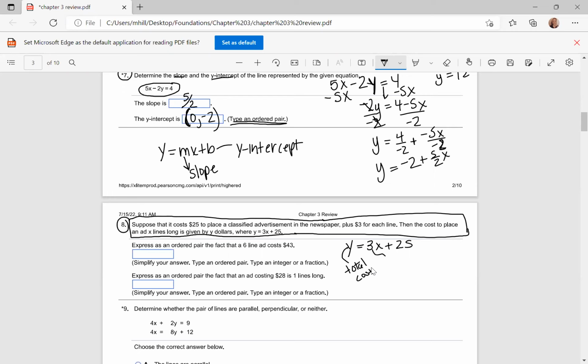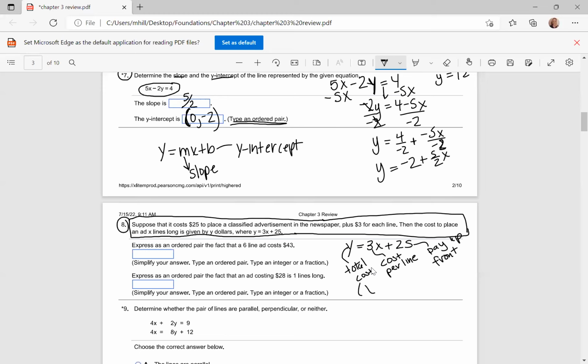The 3 is how much it costs per line, and the 25 is how much you pay up front. So it doesn't matter how many lines, you're going to pay $25 if you're purchasing from them. You're going to pay up front the $25 plus $3 per line.